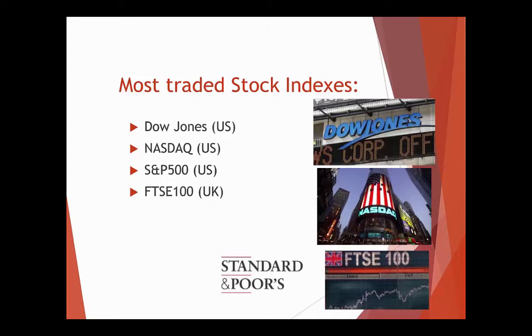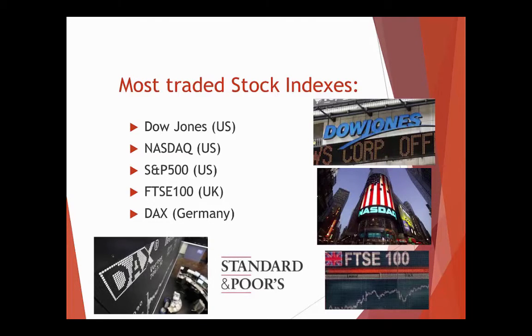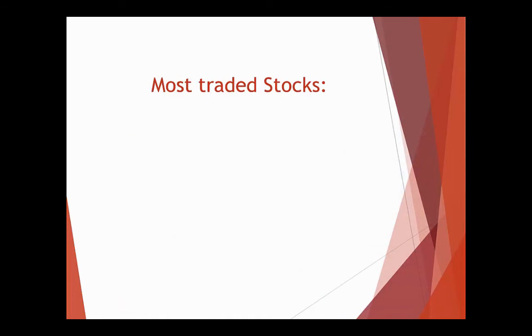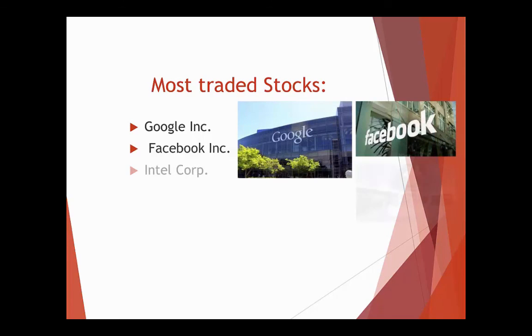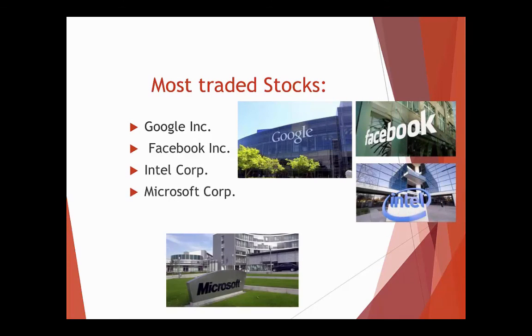And the last one is the DAX, which, similar to the S&P 500, represents 30 of the largest and most liquid German companies that are traded on the Frankfurt Exchange. And some of the most traded stocks that everyone knows are Google, Facebook, Intel, Microsoft, and Apple.